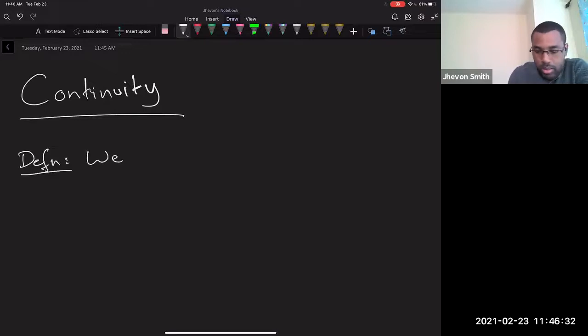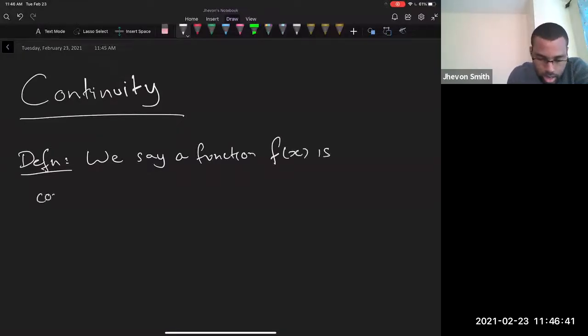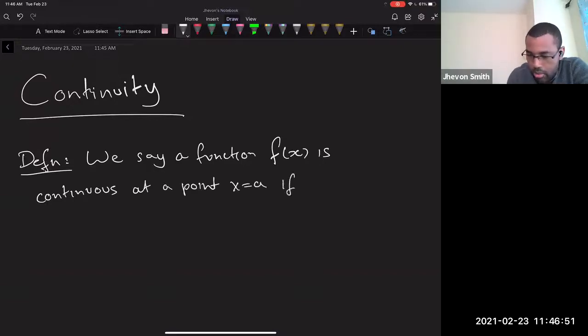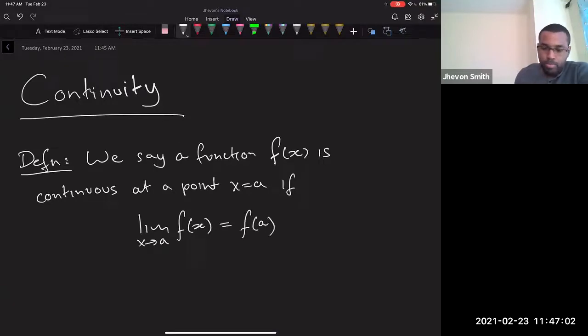We say a function f of x is continuous at a point x equals a if the limit as x approaches a of the function is actually equal to the value of the function.